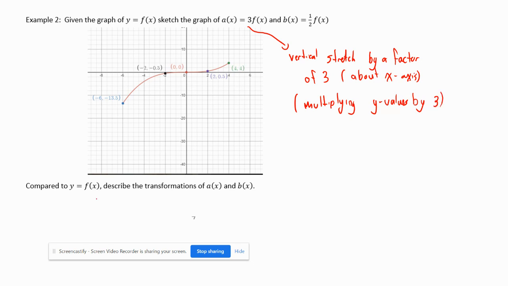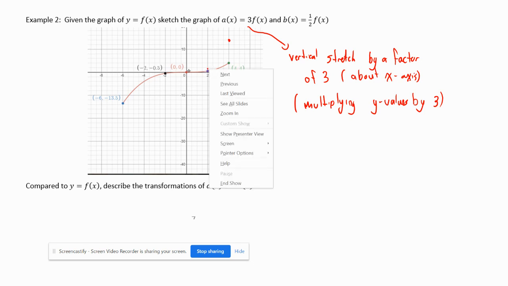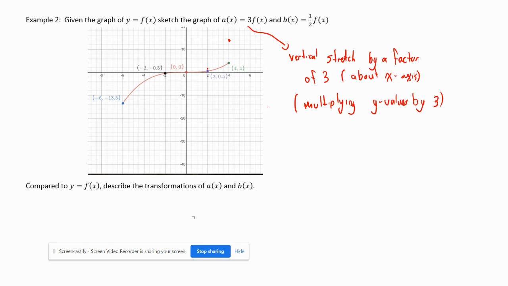Okay, so I got that over here. So when we're describing the transformations, that's what I'm doing in this step right over here. This is for a of x. So in other words, what happened at this point? 4 becomes 12. My y value over here, (2, 0.5) becomes (2, 1.5). I think these are going to be by 2, 4, 6, 8, so tougher to see, but it's about right here. This point, 0 times 3 stays the same. This is going to be an invariant point. This point stays here.